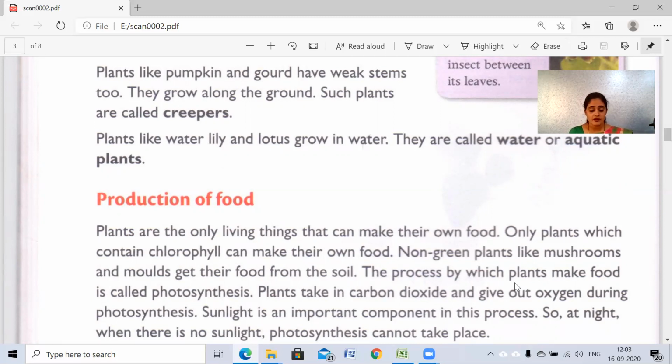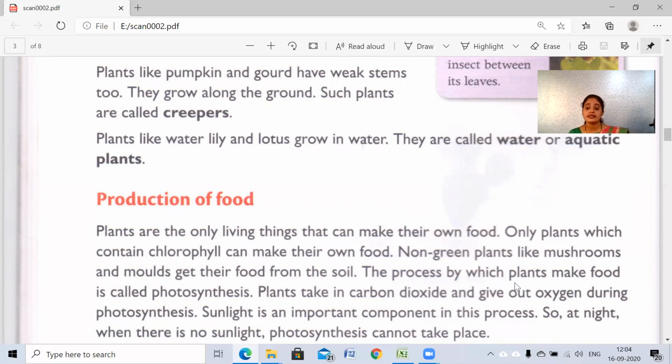Because they have chlorophyll pigment, they use sunlight, they will absorb the water and carbon dioxide from the surrounding, they will start preparing the food by the process called photosynthesis. Photo means light.